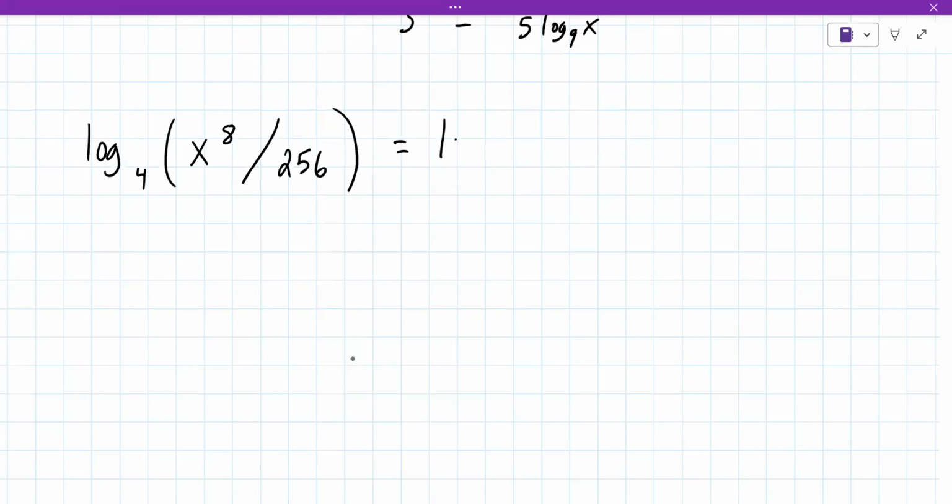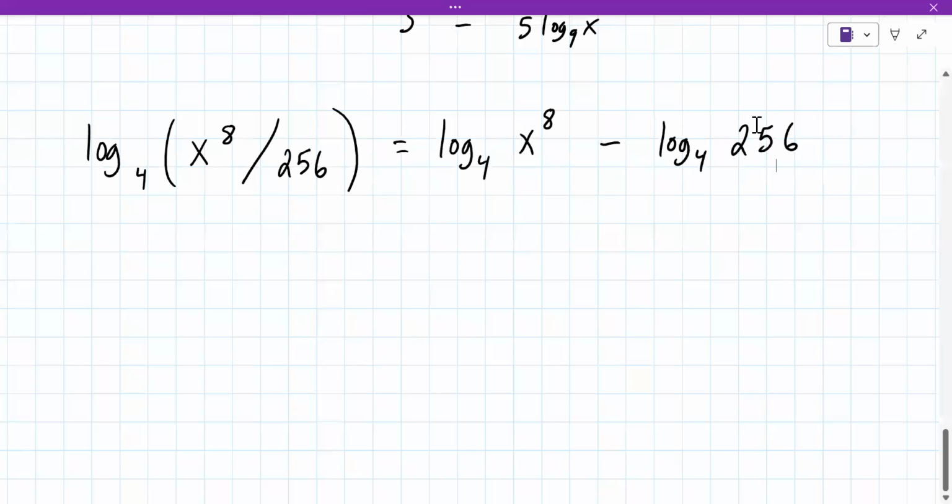So just like before, it becomes log base 4 of x to the 8th minus log base 4 of 256. Okay. So is it possible to write 256 as a power of 4? Does it become 4 to the 10th? Like, what is that number?